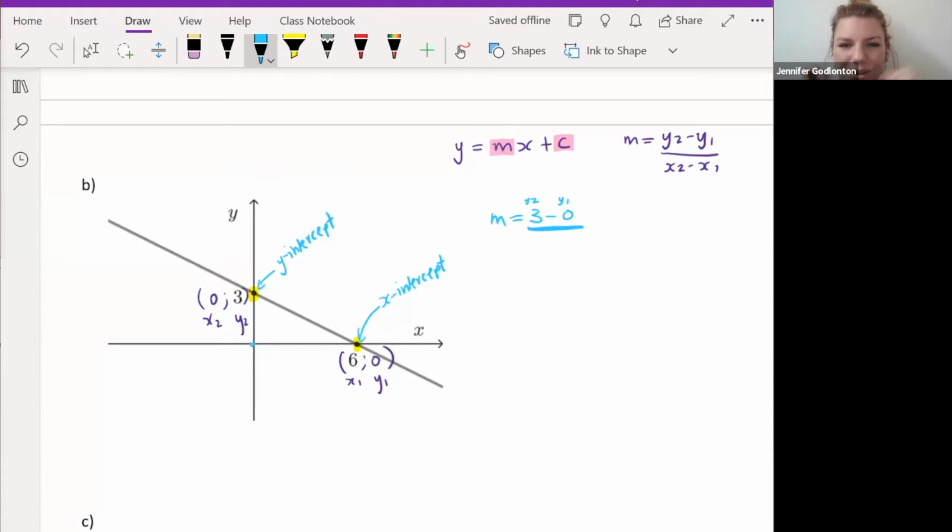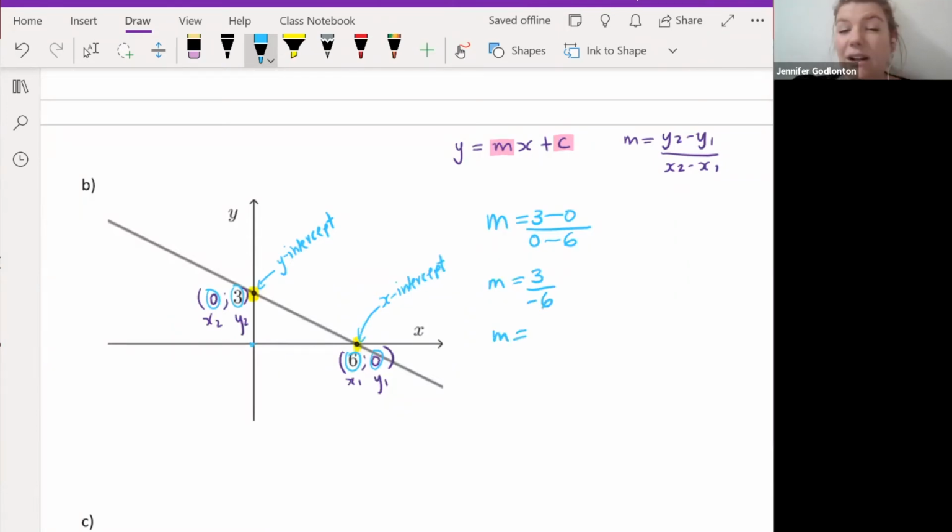Okay, I'm going to go through the gradient, guys, so let me know how this part went. I'm just going to talk through this nice and slow. My gradient is y2 minus y1. So y2 is 3 minus y1, which is 0, over x2, which is 0 minus 6. 3 minus 0 is 3. 0 minus 6 is negative 6.